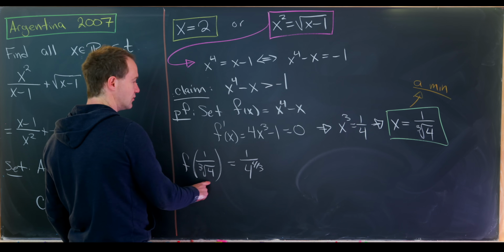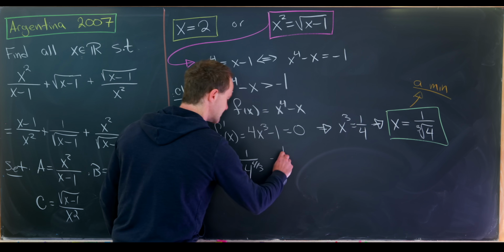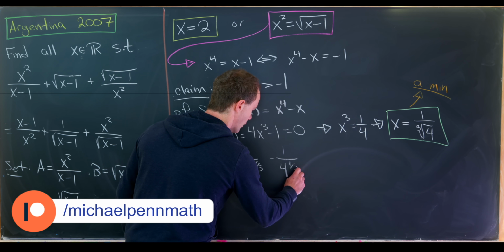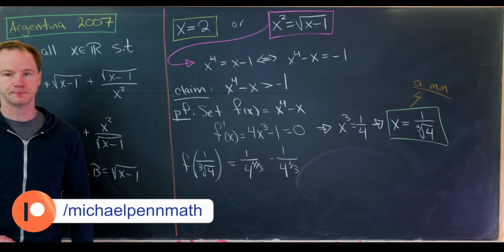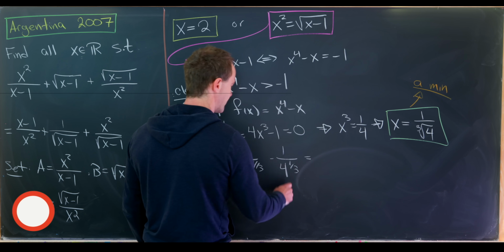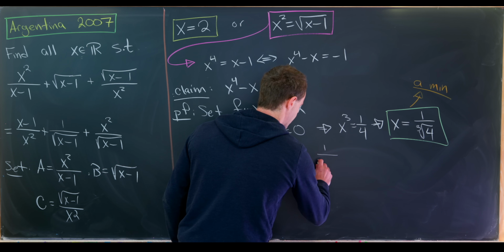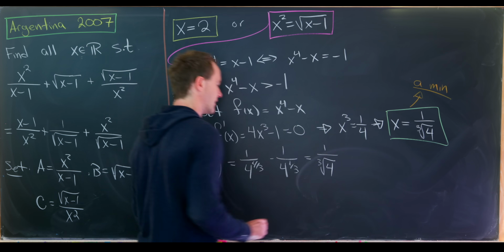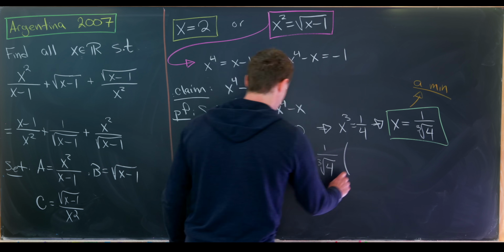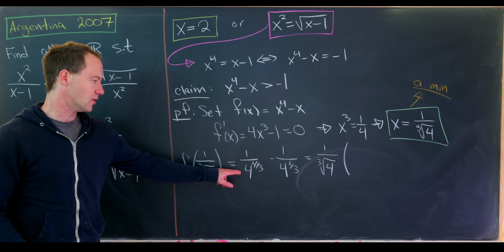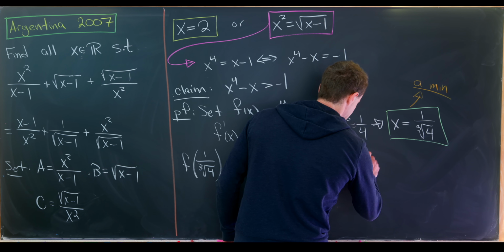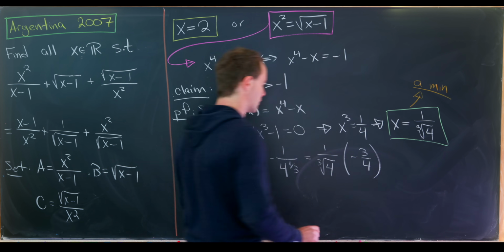That's going to be the cube root of 4 to the 4th power minus 1 over the cube root of 4, which is 4 to the 1/3 power. Now from here, what I'll do is factor out a 4 to the 1/3. So factoring out a 4 to the 1/3, that's like factoring out a 1 over the cube root of 4. And that'll leave us with, let's see, 1 over 4 to the 1st power minus 1. So that's going to be negative 3/4.